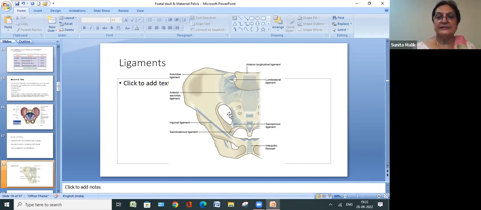Ligament which divides this foramen into two. And then we have inguinal ligament, starting from the anterior superior iliac spine to the pubic tubercle. Then the sacrotuberous ligament down below, and interpubic fibrocartilage. So these are the ligaments in the pelvis.